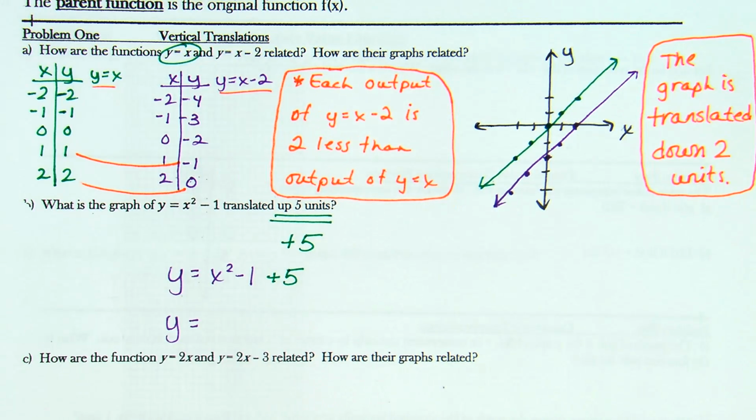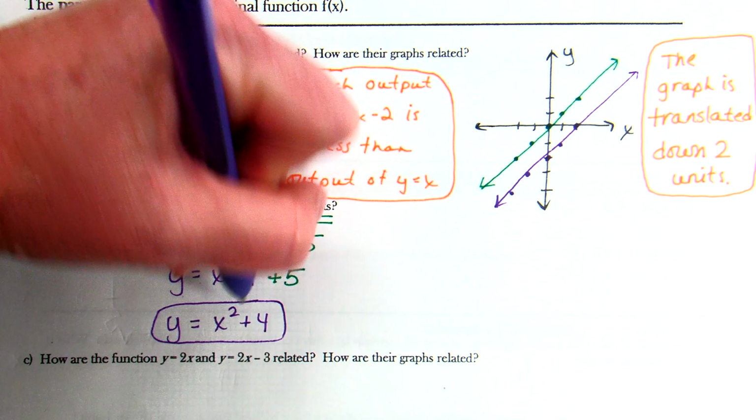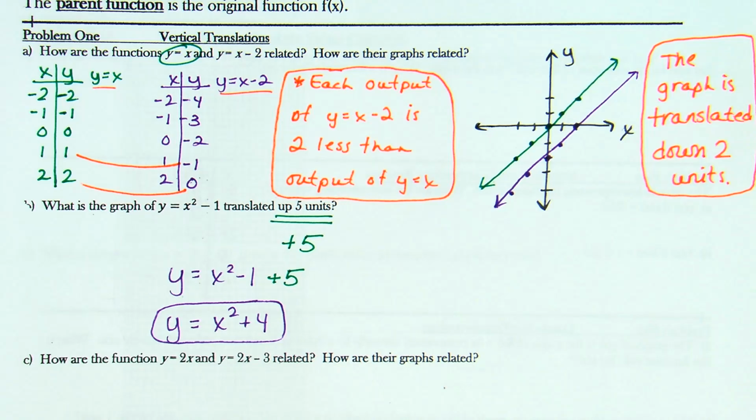Almost. Okay. Minus 1 plus 5 becomes plus 4. And so this equation can be rewritten as y equals x squared plus 4. Okay? We're not doing anything else other than that. I just wanted you guys to make the connection. If it says up 5, that means we're going to add 5 to the equation.